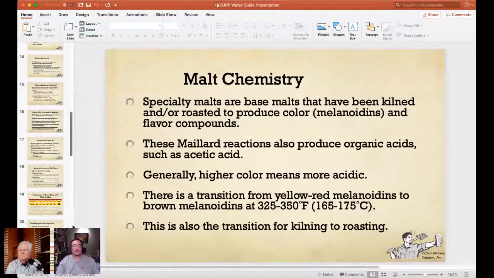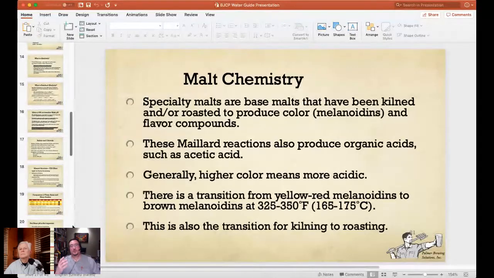There is, however, a transition from kilning to roasting at temperatures of about 325 to 350 degrees Fahrenheit, or 165 to 175 degrees Celsius. What happens, we think, is that these yellow-red melanoidins polymerize into brown melanoidins. Some of them pyrolyze, that is, they burn, and some of this acid boils off. And so we end up losing acidity.